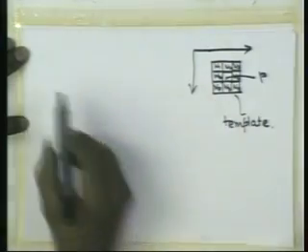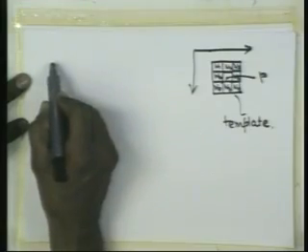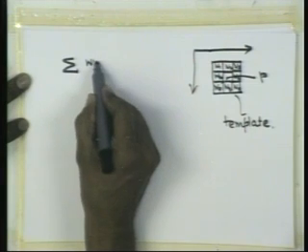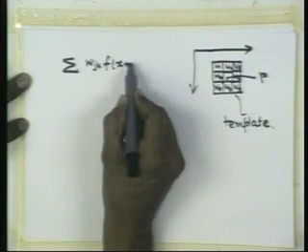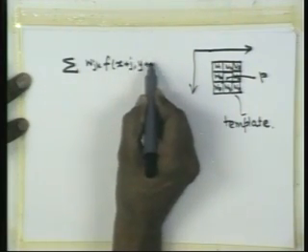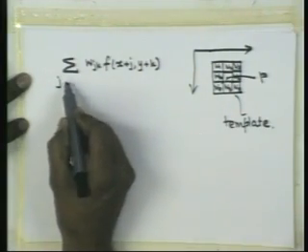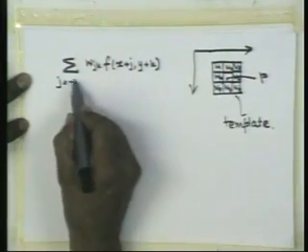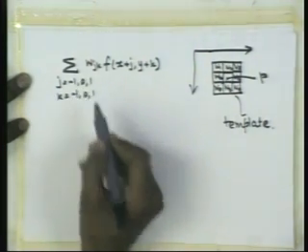So one of the pre-processing steps, in general, we can show as that our processed image is obtained by summing over all the neighborhood pixels of interest. So g(x, y) is the sum of w(j, k) times the intensity f(x plus j, y plus k). This is to be summed over all the j's, in this particular case going from -1, 0, 1, and k going from -1, 0, 1.